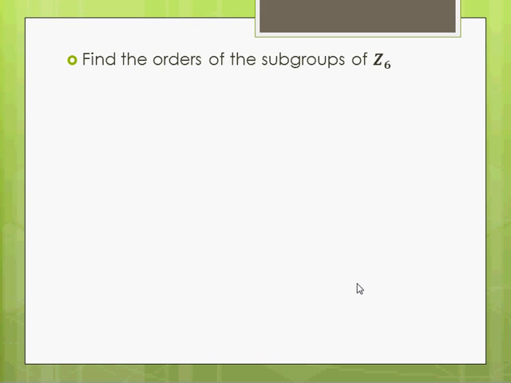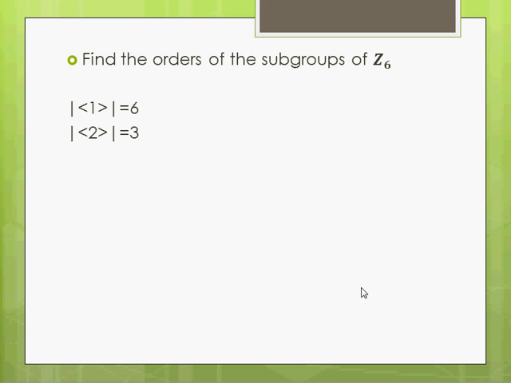Okay, another example here. Find the orders of the subgroups of Z6. So first we've got to find the subgroups of Z6. So 1, the subgroup generated by 1 is obviously the whole group, which is 6 elements, right? 0 to 5. The subgroup generated by 2 is 0, 2, and 4, which is 3 elements. And by the way, these bars on the side, this looks like absolute value.